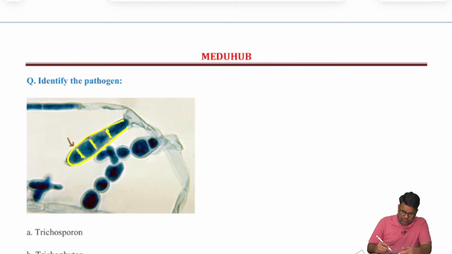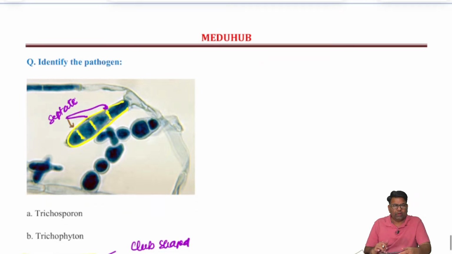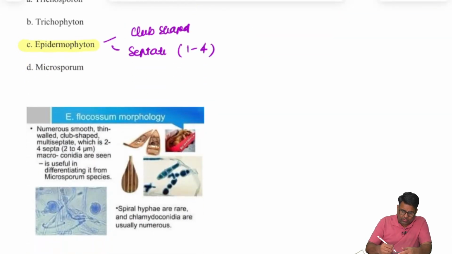This is the classical presentation of Epidermophyton. It is club shaped and multi-septate, so it is all septate. The description goes like club-shaped, multi-septate macroconidia, and there are no microconidia here. So this is Epidermophyton.